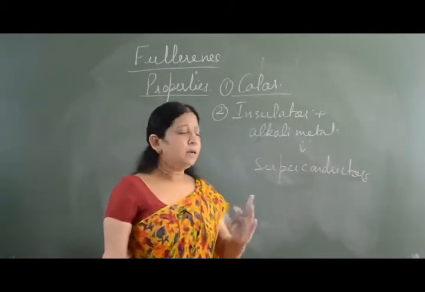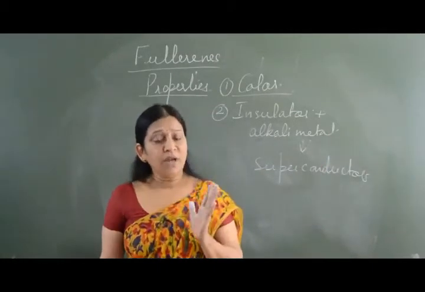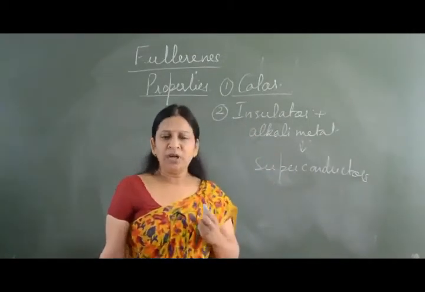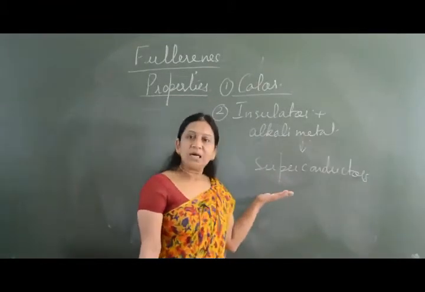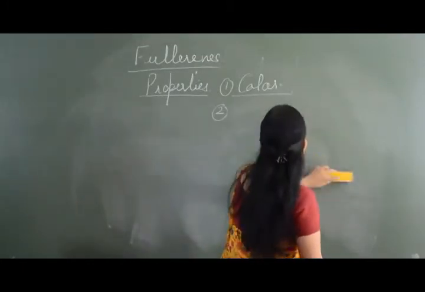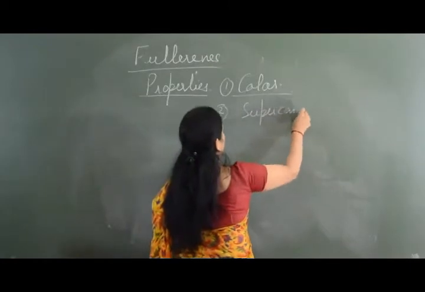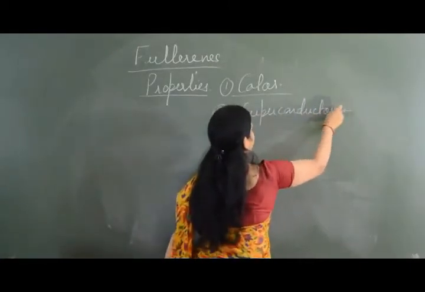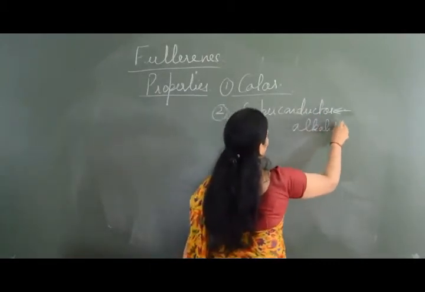Because we are adding alkali metal to them. Fullerenes are actually insulators, but when we add alkali metal to them, they start acting as superconductors.